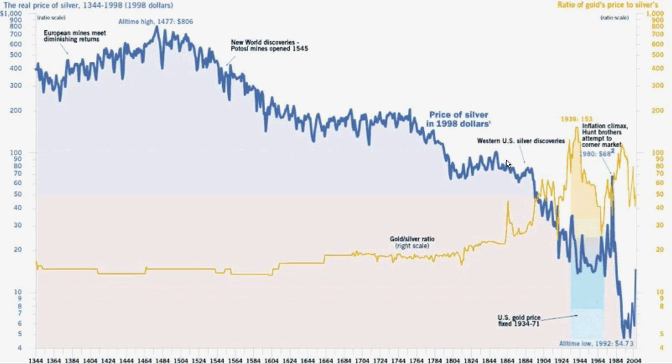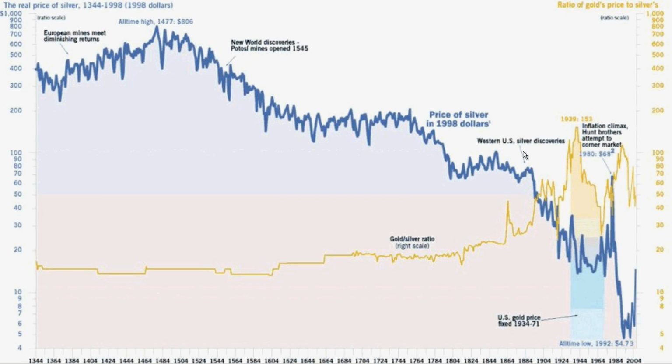Now, the supply side of the equation, we're at the exact opposite point on supply as well, because these massive silver discoveries that occurred here and back with the New World discoveries, all that silver was carried forward into the industrial age and now has been all used up, because the United States ended up stockpiling most of that during and after the war, and now the United States has to buy silver to make the silver eagle coin.